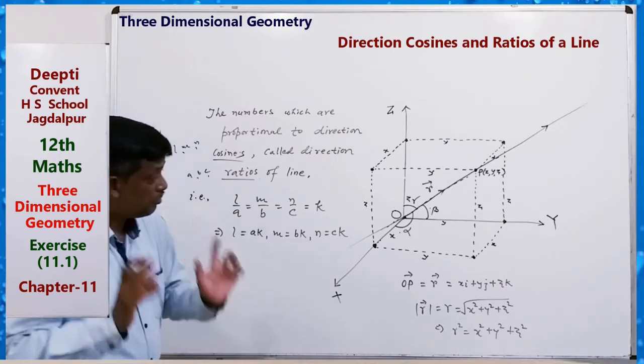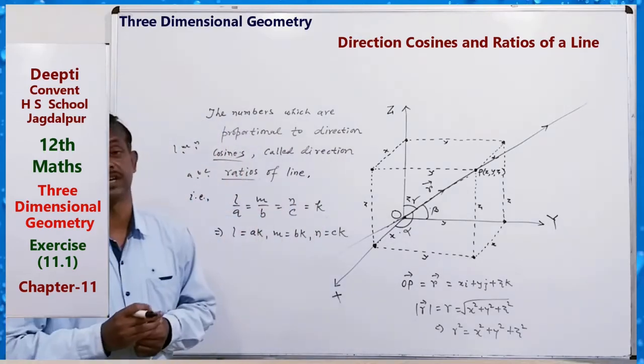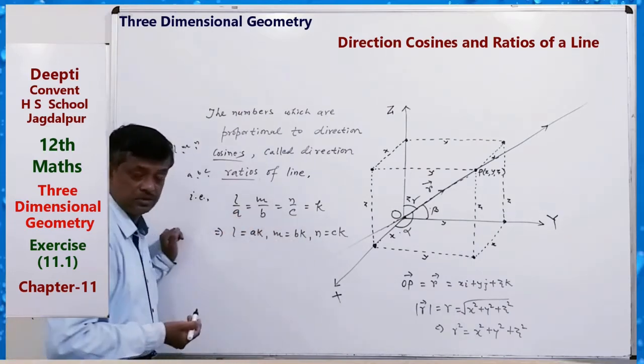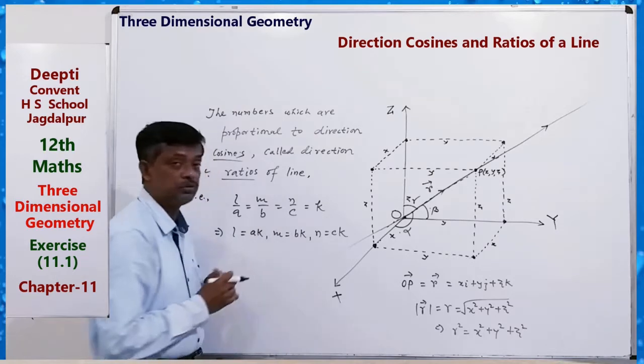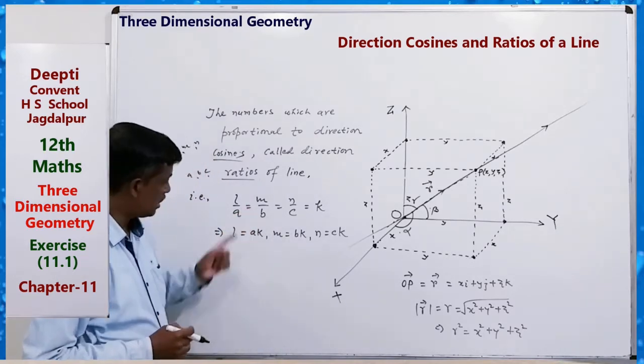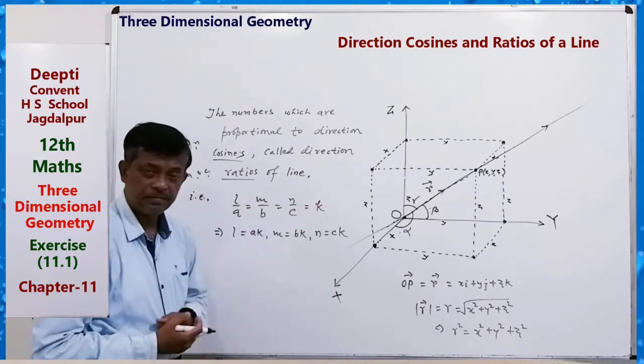Now, if we know direction ratios, then we can also find direction cosines. How? Here, if A, B, C are direction ratios and L, M, N are direction cosines, we will have this type of relation, so that L equals AK, M equals BK, N equals CK.